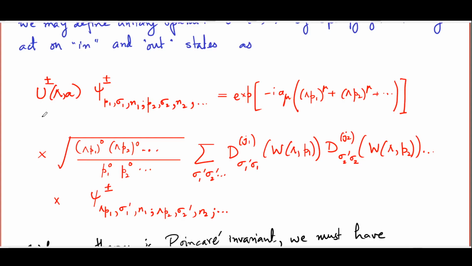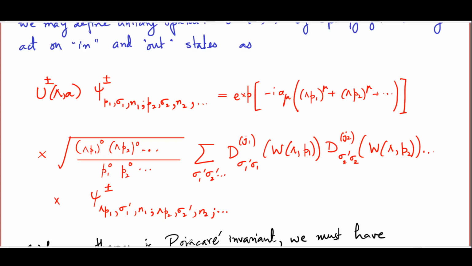Now, the mere existence of a set of operators U plus (Λ, a) or U minus (Λ, a), which act on the states in this particular manner, is not a guarantee that the theory is Poincare invariant. The only thing this really signifies is that the interactions between particles are sufficiently short-ranged so that in the remote past or in the remote future, the particles essentially behave like free particles.